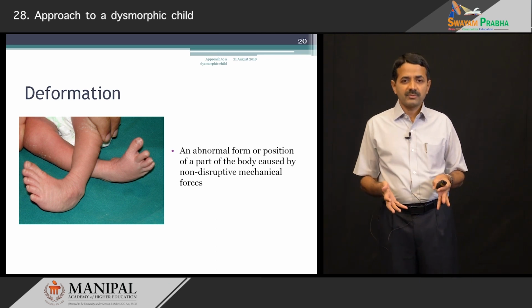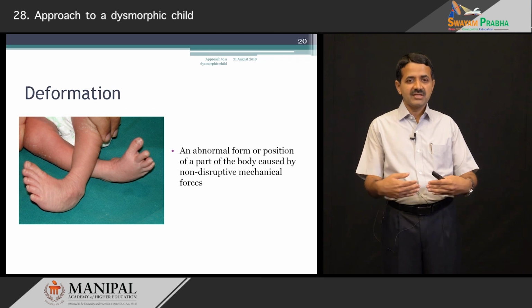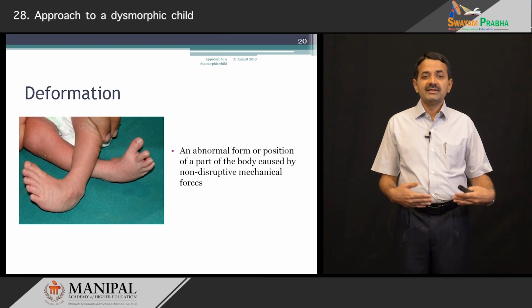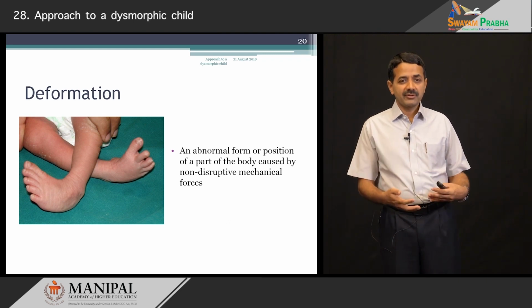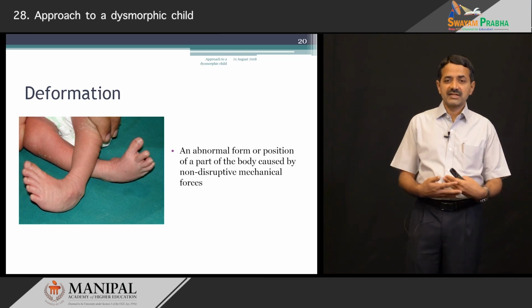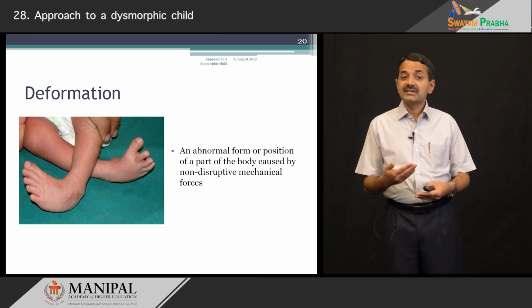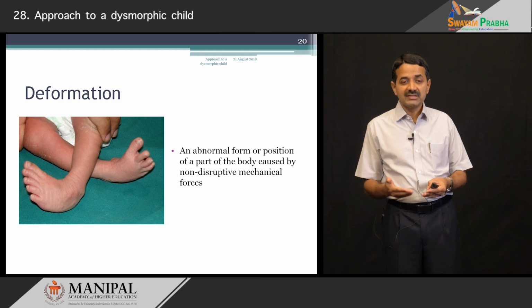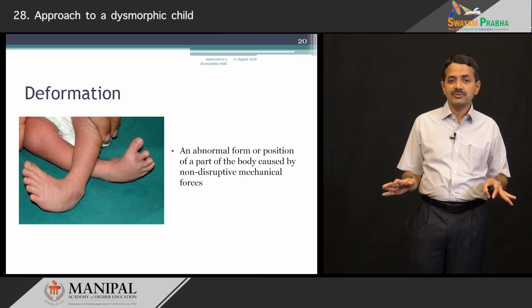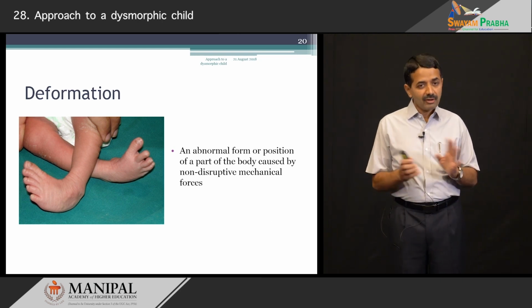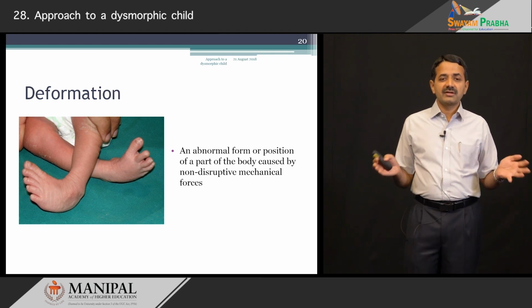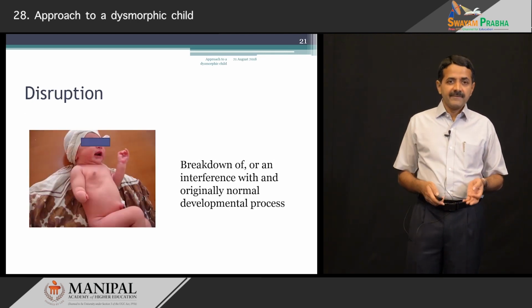Any abnormal form or position of a body, you can see here the limbs are in abnormal form, there is a club feet bilaterally, which is probably because of lack of amniotic fluid, and because of the extrinsic pressure from the uterus you have this kind of anomaly, and this is not intrinsic, meaning the leg or the feet had a normal potential to develop normally into normal structure, but because of extrinsic pressure this has happened.